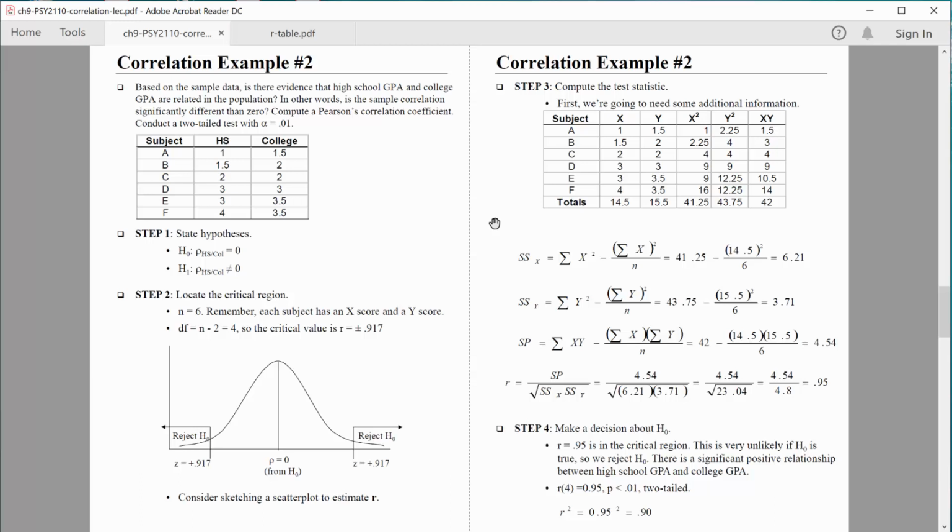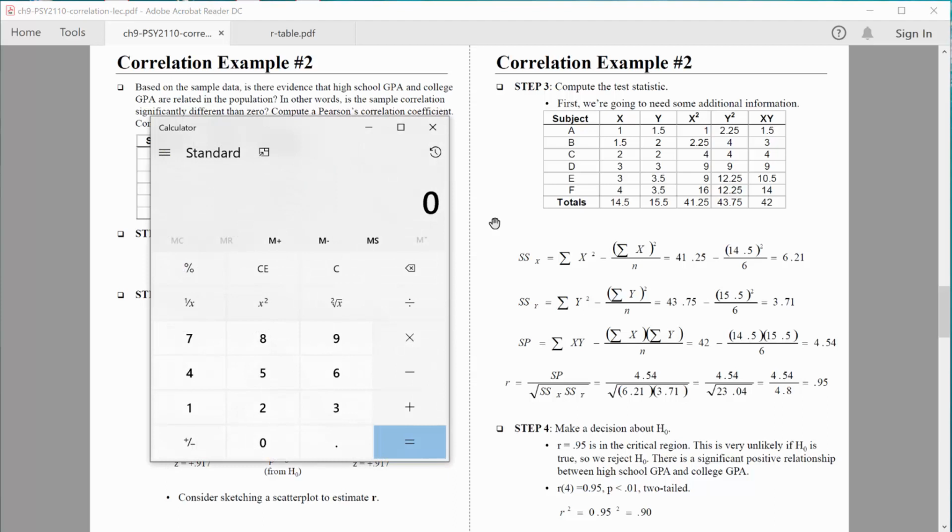At this point, we just stick those sums into our equations. So let's work on one of the equations together. Let me pull out my calculator. Let's work on sum of squares for the x variable first. We need to start with the sum of x squared. Here's our column for x squared. That sum is 41.25, so I stick it right there. Now I need to subtract this fraction: the sum of x, that quantity squared. That's 14.5 squared, which equals 210.25.